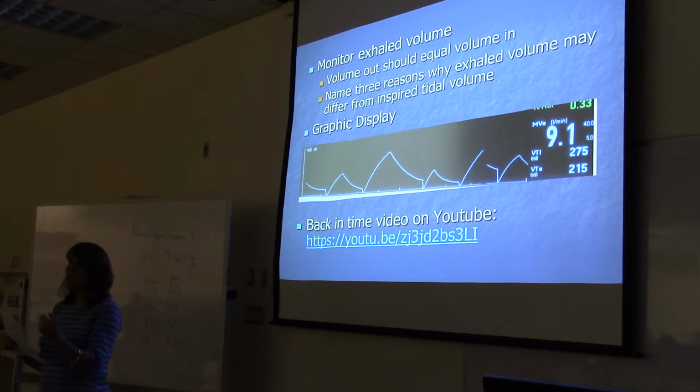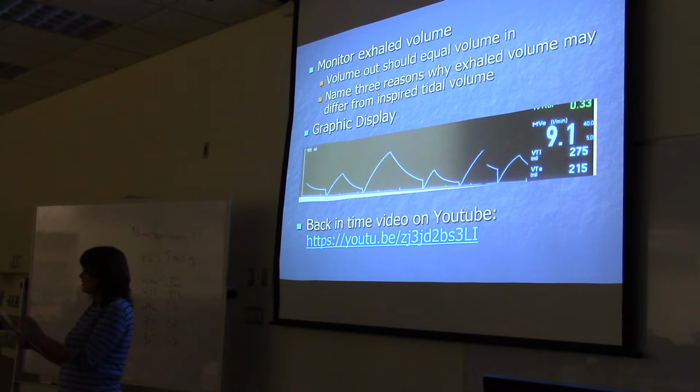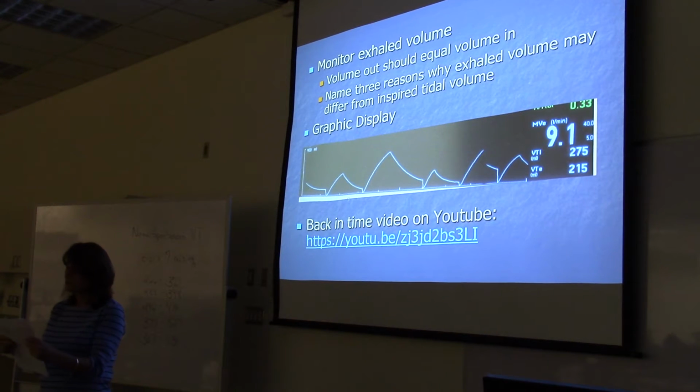All right, if you're getting back more volume than you put in, the first reason is because warmth and humidity expand a volume. So the patient has an HME in line.